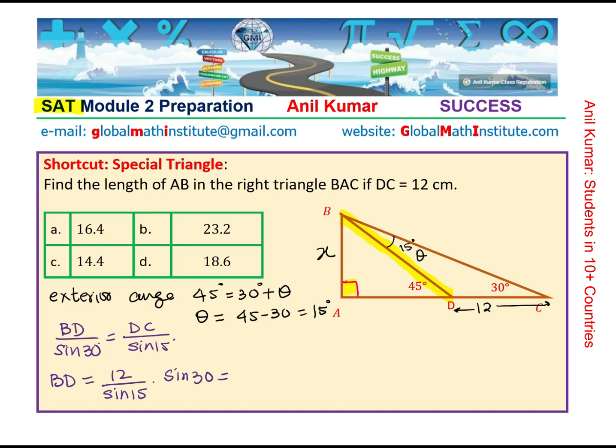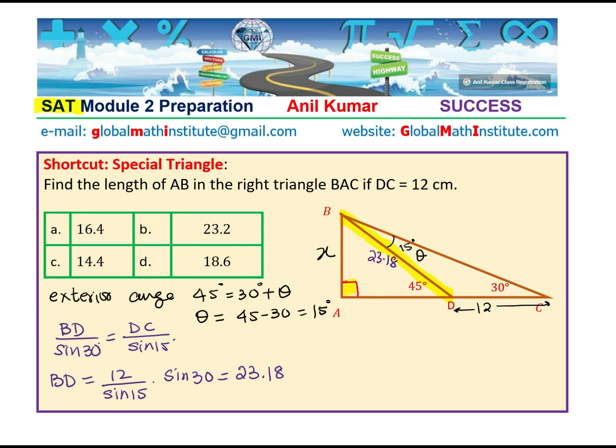Let's use the calculator and find this answer. We'll multiply 12 by sine 30 and then divide by sine 15. In decimals, I get this as 23.18.